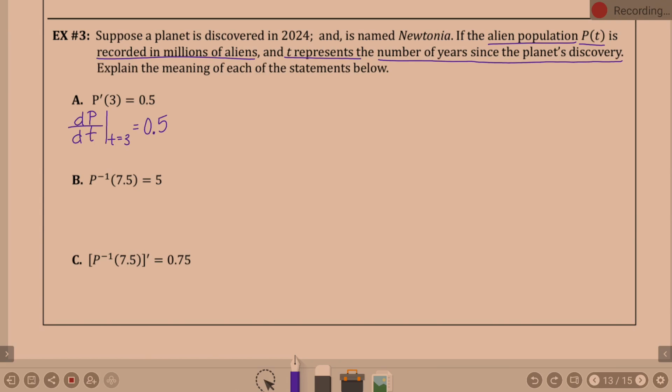Now, you could say in 3 years, or when t equals 3 years. You could also say in year 3, or 2027. Are you seeing where we're at now? So, when t equals 3 years, or in 2027, the population of Newtonia will be, you said, 500,000 aliens, but what is it doing?